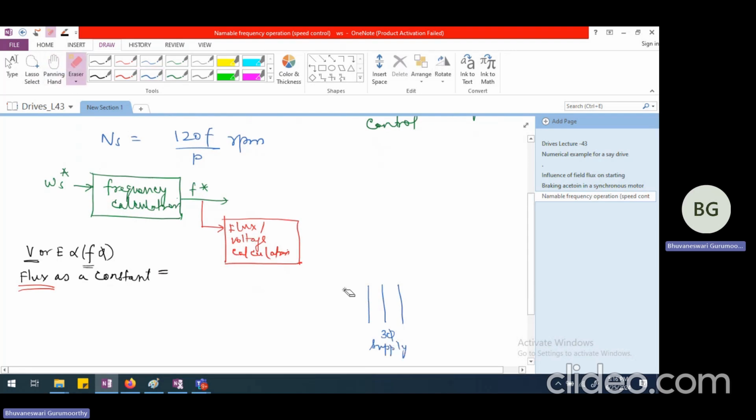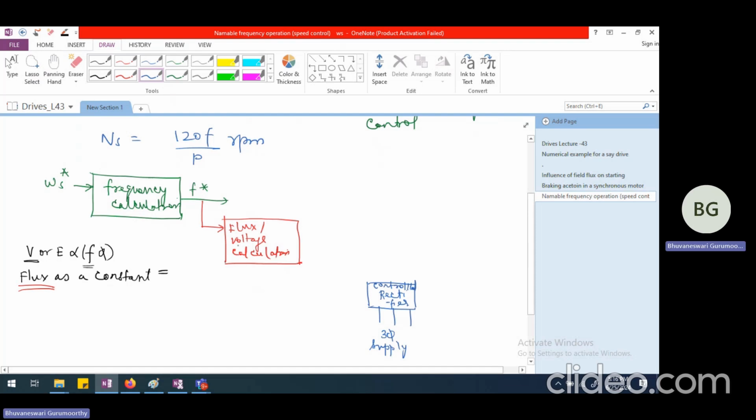And I will normally have a rectifier sitting here. So this rectifier will be fed with three-phase supply. And this rectifier will be a controlled rectifier also.